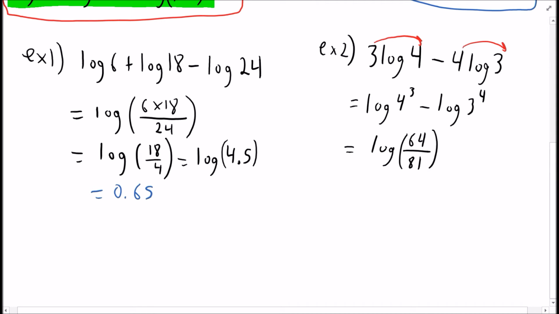And if I did the second one, I would hit log, and then I'd use the brackets, 64 divided by 81, and I get negative 0.102, so I'm just going to write negative 0.10.